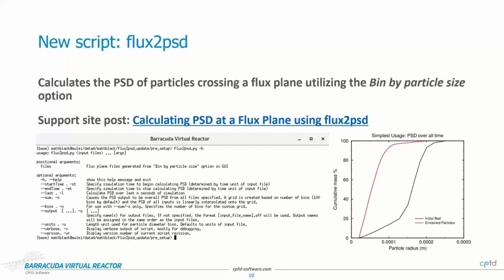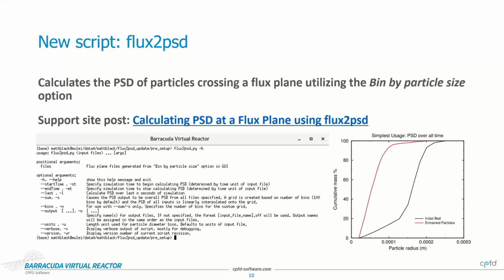We've also continued to add new post-processing scripts to help streamline data analysis. The script Flux to PSD, which is included with version 22, is based on the older Flux to PSD.tcl script, but offers more cross-platform support.